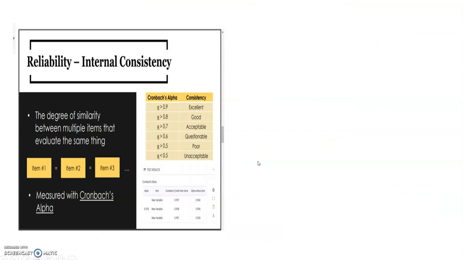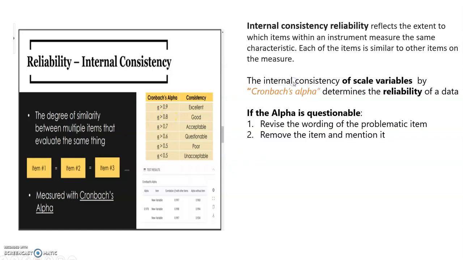And about the internal consistency, that is represented by the Cronbach alpha, and is a measurement of the internal consistency of the set of items in the scale variable. That shows each item is similar to the other on the measure. So they should measure the same characteristic, and the alpha shows good internal consistency, and this is low consistency.